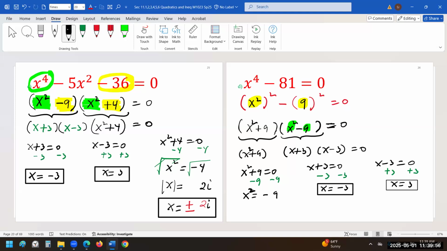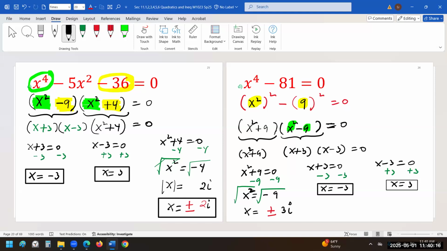But what do you have to do for the x squared? Square root, square root. So x equals plus minus 3 and i. It's i because it's a negative under the square.